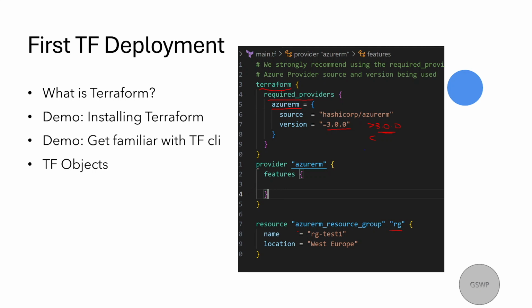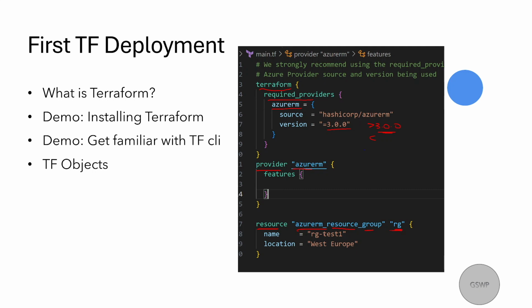Then we have this provider block here, so I am using the Azure provider. If I want to add some more features I can, but I'm going to use the default configuration for azurerm, so I don't have to define anything here. Then the next block is called resource. In the resource, I'm trying to provision a resource of type azurerm_resource_group, and the resource name is rg.